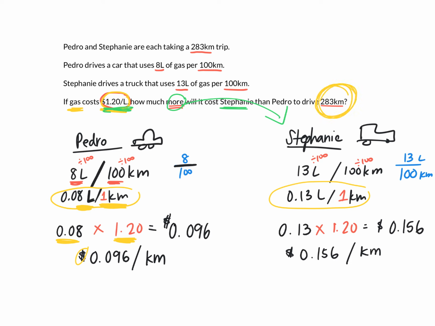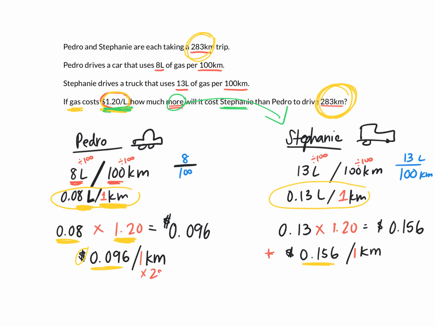This is the most important part here, and this is what we were told at the beginning. Their trip is each taking them 283 kilometers. Well, we know that he's spending this amount for 1 kilometer, right? And she's spending this amount per 1 kilometer. We can already see that she's spending more, right? I want to know how much they are spending for 283 kilometers.